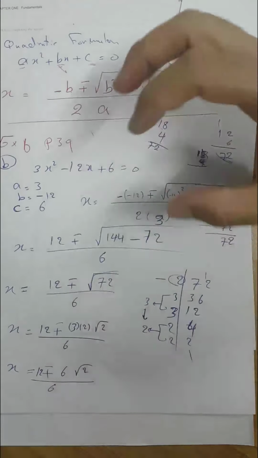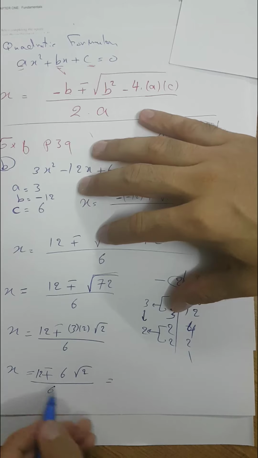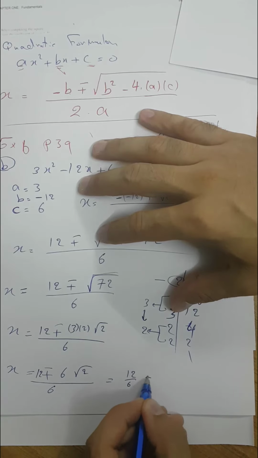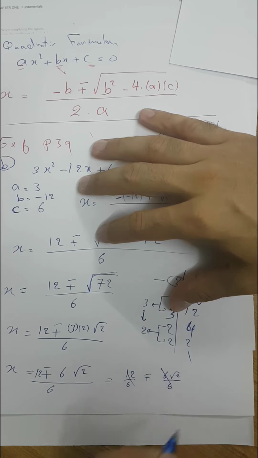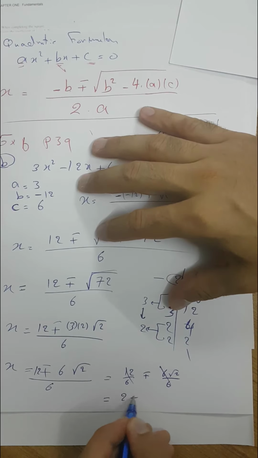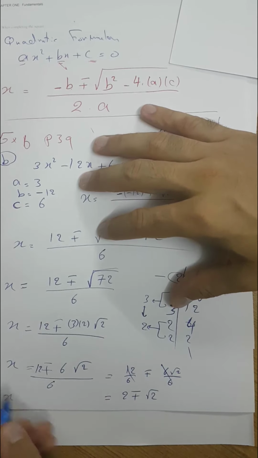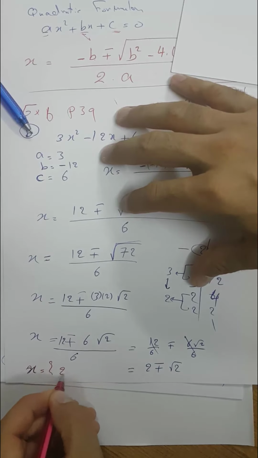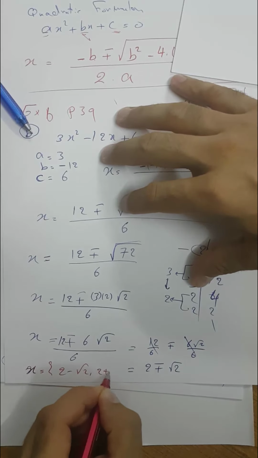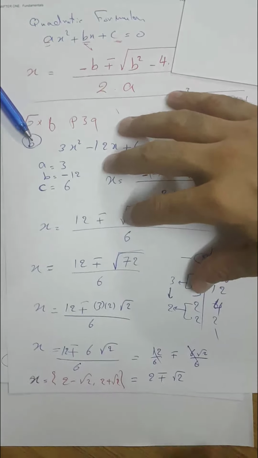Now it's time to separate them. I get 2 plus or minus square root of 2. So the solutions are 2 minus square root of 2 and 2 plus square root of 2. That's all.